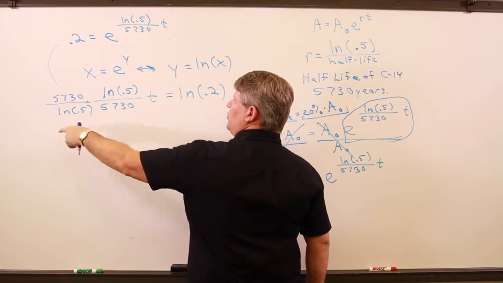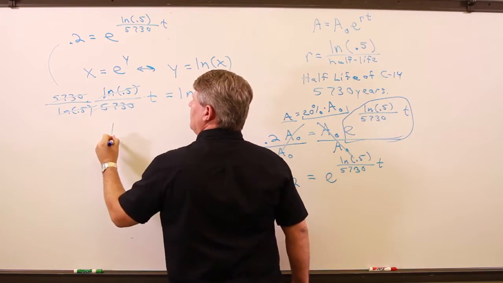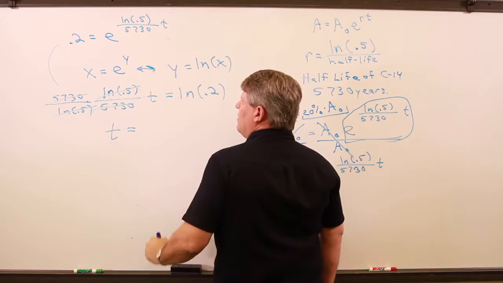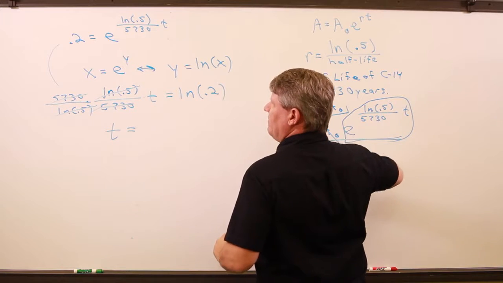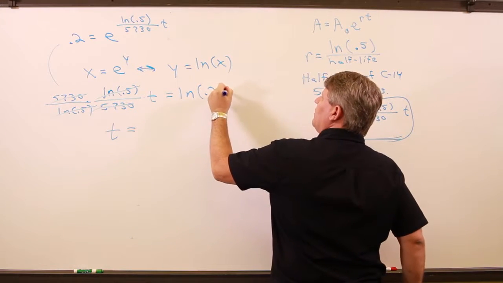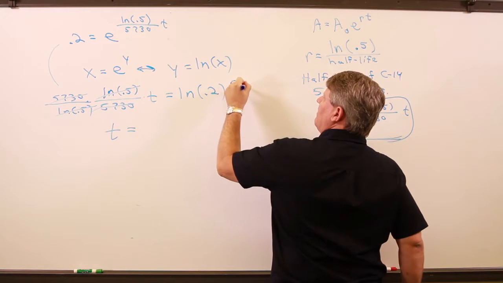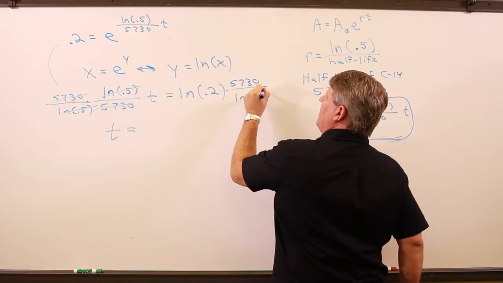Notice these will cancel, and I'm left with just t. Of course, if I multiply the left side by 5,730 over natural log of 0.5, I'm also going to have to multiply the right side by 5,730 divided by the natural log of 0.5.